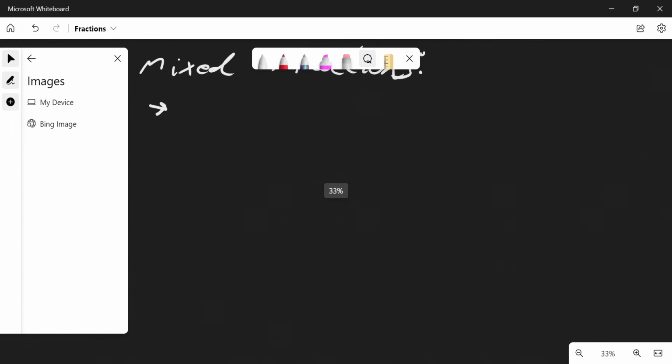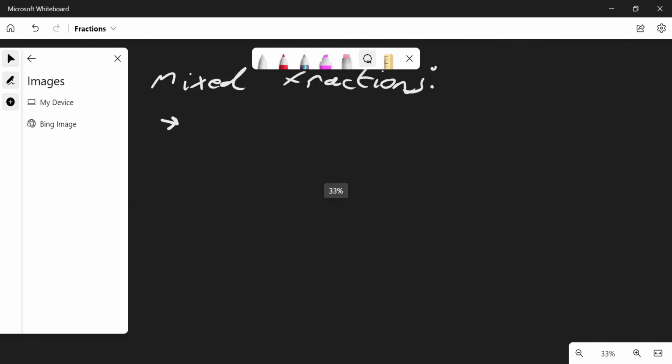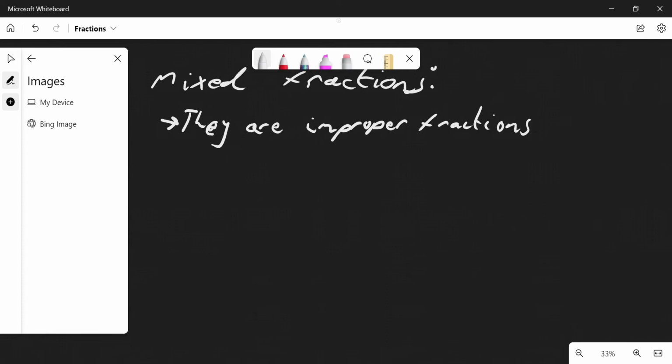Okay, so mixed fractions are improper fractions written differently.